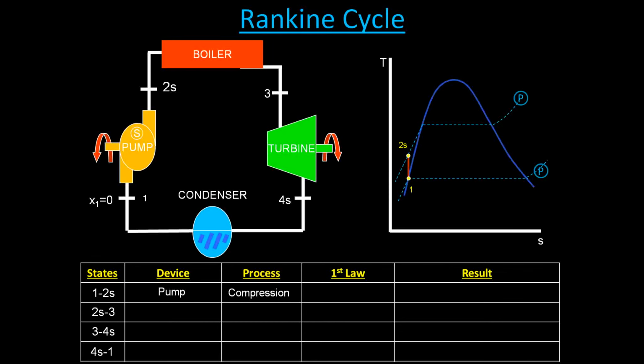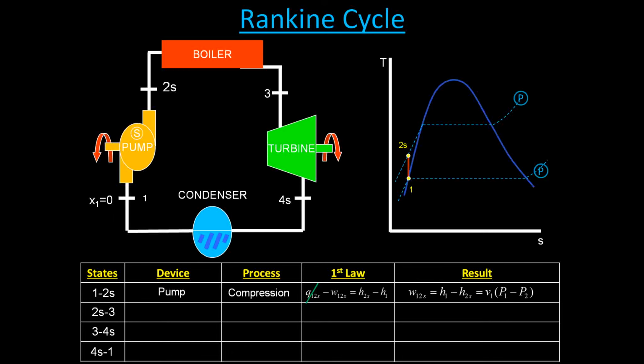So across this pump, we analyze with the first law, and for all these first law analyses, we're going to assume that the kinetic and potential energy are negligible. These are one exit systems. So we're going to reduce it to the heat transfer across the pump minus the work of the pump equals the change in the enthalpy. Well, we said all of our work processes will be adiabatic, so that heat transfer is going to go away.